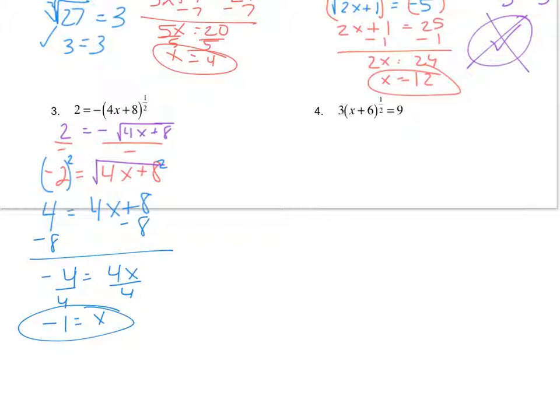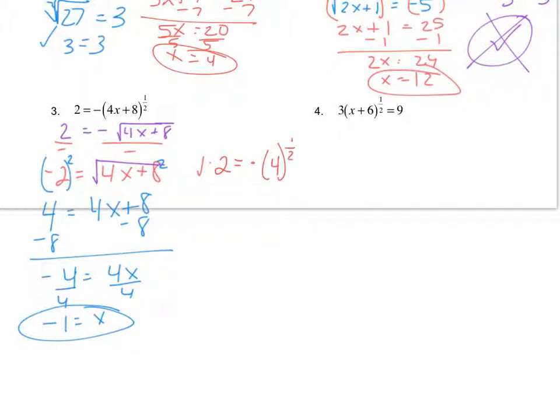Now I'm going to check my answer. And I have negative 1 times 4 is negative 4 plus 8 is 4. So on this side I have 2, and then I have a negative times 4 in parentheses to the 1/2 power.